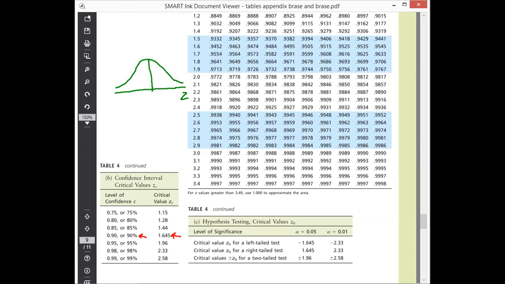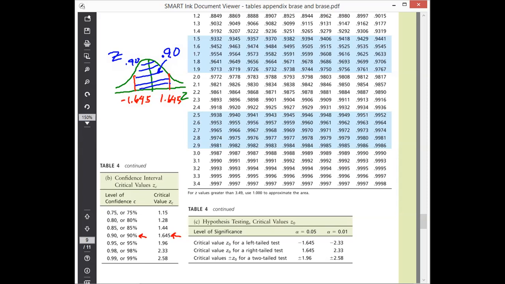And so what that means is, if you go up here to positive 1.645, and back here to negative 1.645, the area between those two values, so like this shaded region right here, will be your Z value for a 90% level of confidence. So this will be 90% of your curve, that shaded region.